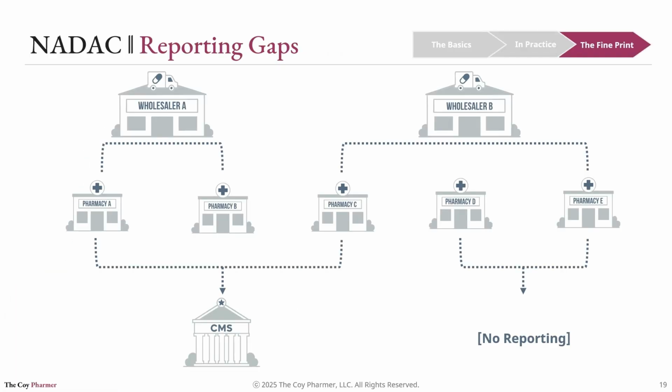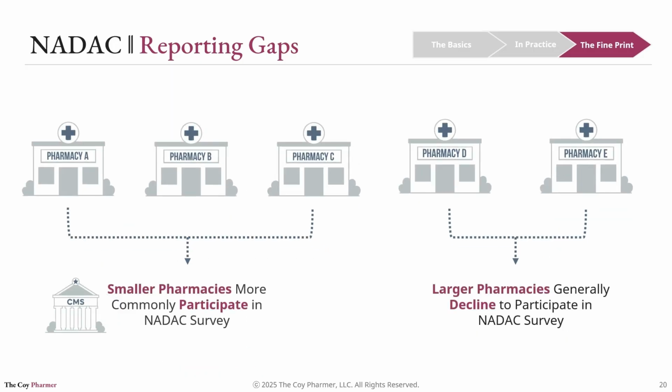So as we covered in the basics, NADAC is meant to capture the price that pharmacies are purchasing drugs for from the wholesalers. However, there is a key component here that is missing, and it is that pharmacies are not necessarily required to report NADAC into CMS. So there are some pharmacies that report and some pharmacies that do not report into this index.